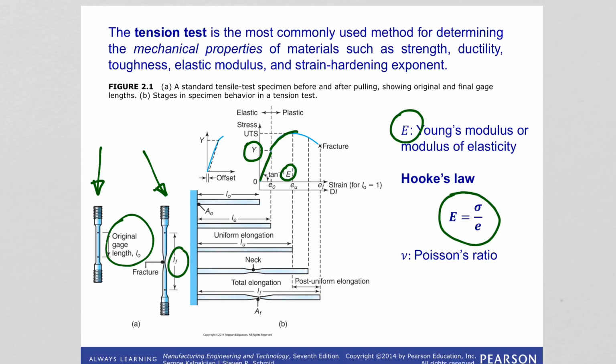For such materials, the yield strength is usually determined by drawing a line with the same slope as the linear curve, as shown here, but with an offset by a strain of 0.2%.